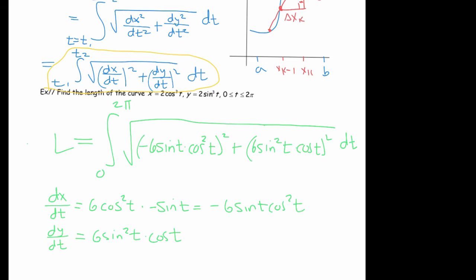If you're one of my students and you have a program that does integrals, then what you'll want to do, as strange as this may sound, is put these into y2 and y3. Then I would make y1 equal to the square root of y2 squared plus y3 squared, and then integrate using the program I've given you.